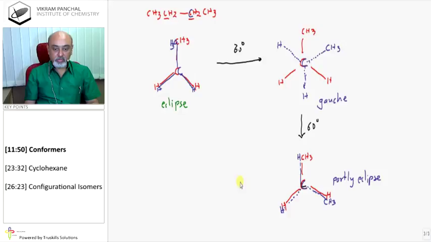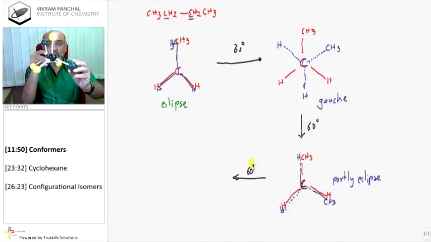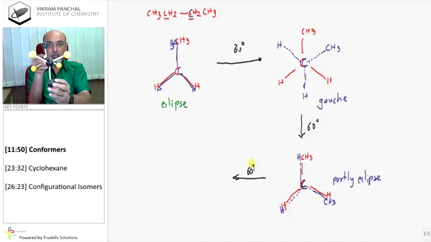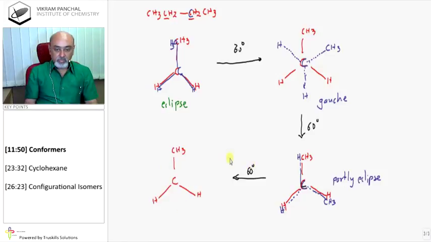Once again give 60 degree rotation. Now when we give 60 degree rotation once again, you can see both methyl groups are away from each other. All atoms are away from each other. So this is the most stable arrangement. Now we will bring the methyl group from here by 60 degree, so it will go down.